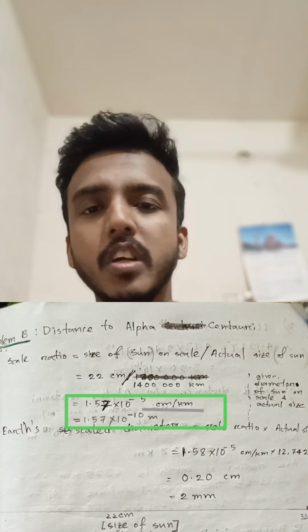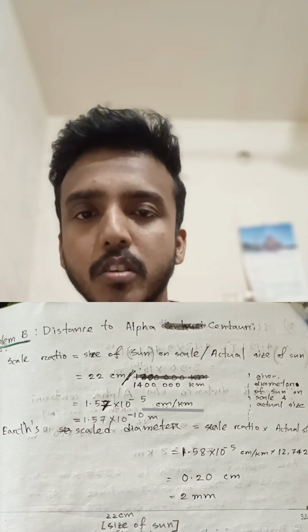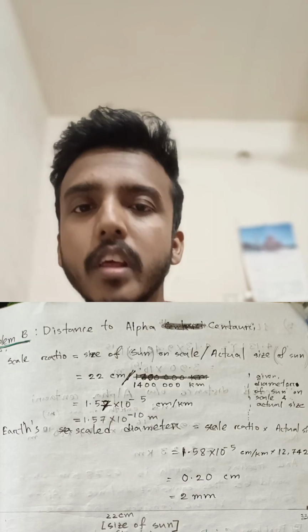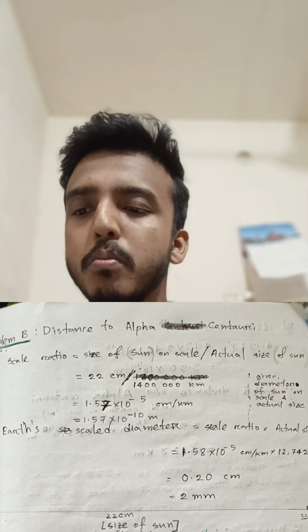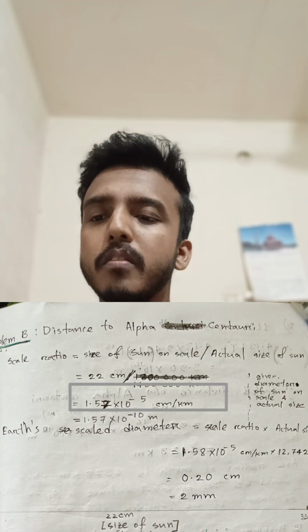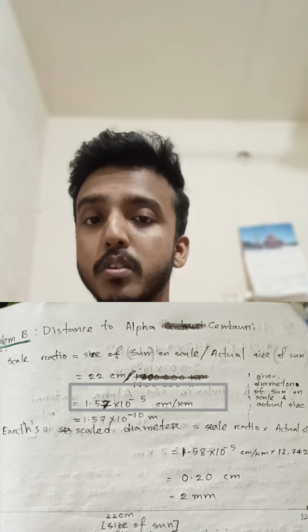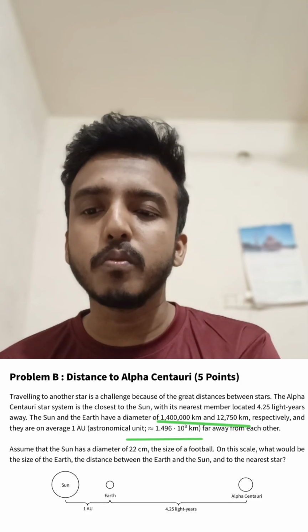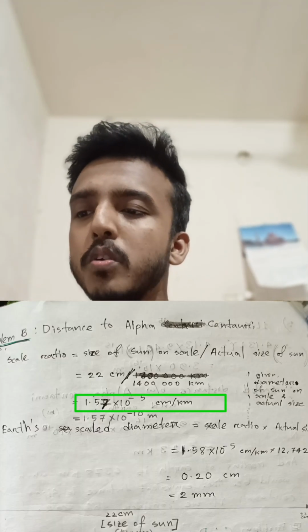It is not necessary to stick with that particular unit. You can use any unit, such as meters, but here I will pick this because I was working on a computation problem where everything was given in kilometers, so it would be helpful to work with that. So this is what we got, the scale ratio.